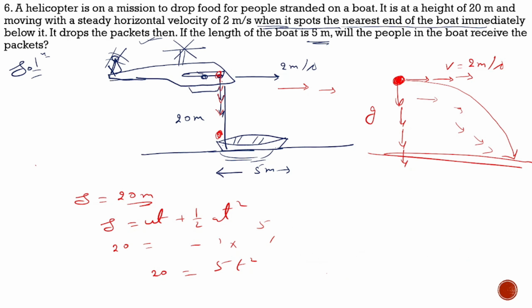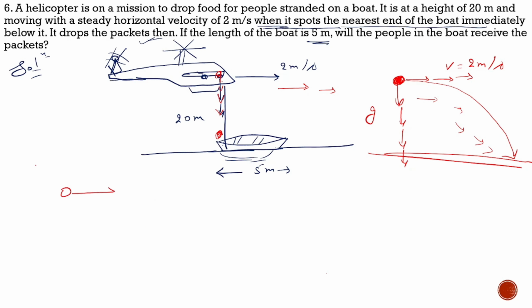So in that 2 seconds it also traveled a horizontal distance. When it was released, it was in motion in the horizontal direction with the speed of 2 meters per second.